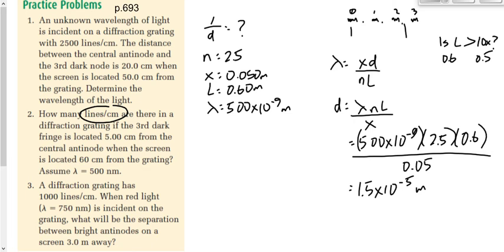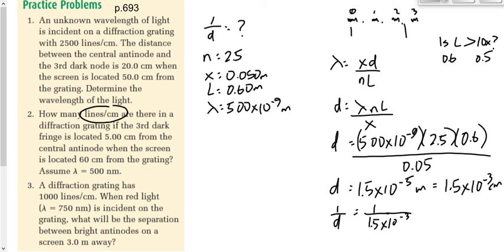So what are we going to do, flip that over? That's D in meters. You know what? We're actually going to convert that to centimeters before we flip it over because we're looking for the lines per centimeter. That's 1.5 times 10 to the negative 3 centimeters. Right, to go from centimeters to meters, divide by 100. From meters to centimeters, you would multiply by 100. So that's what I've done there, multiply that by 100, and now I'm going 1 over 1.5 times 10 to the minus 3.